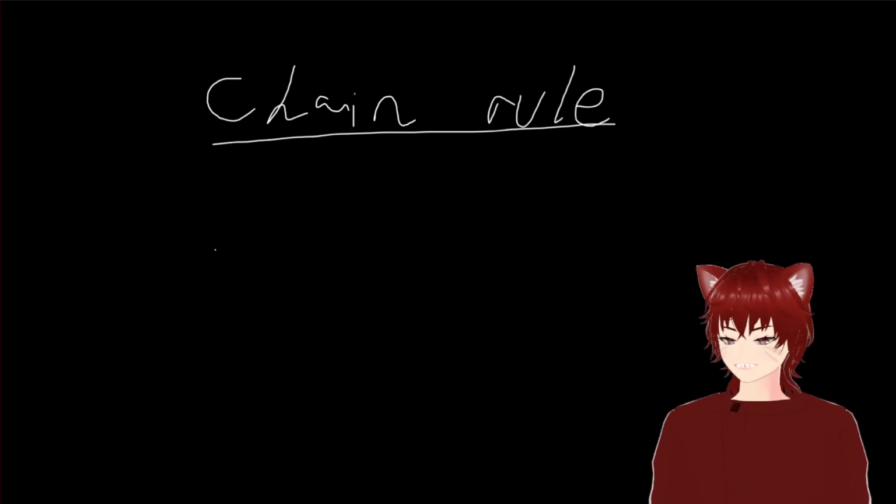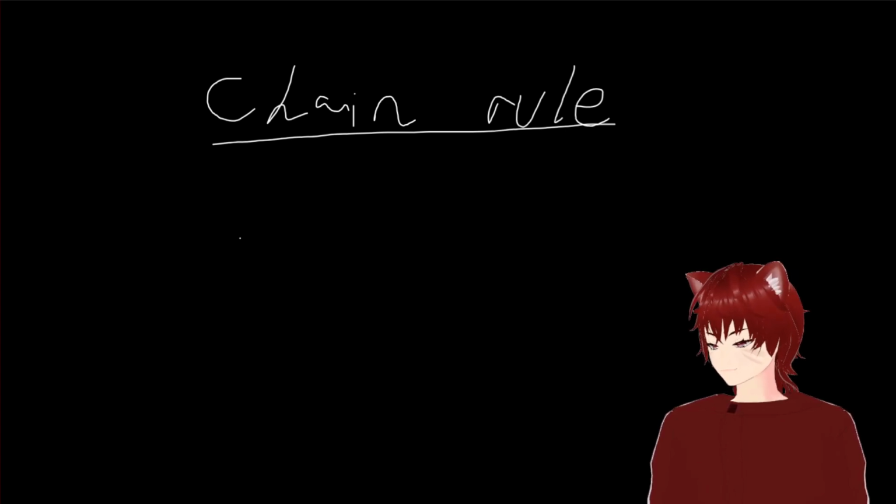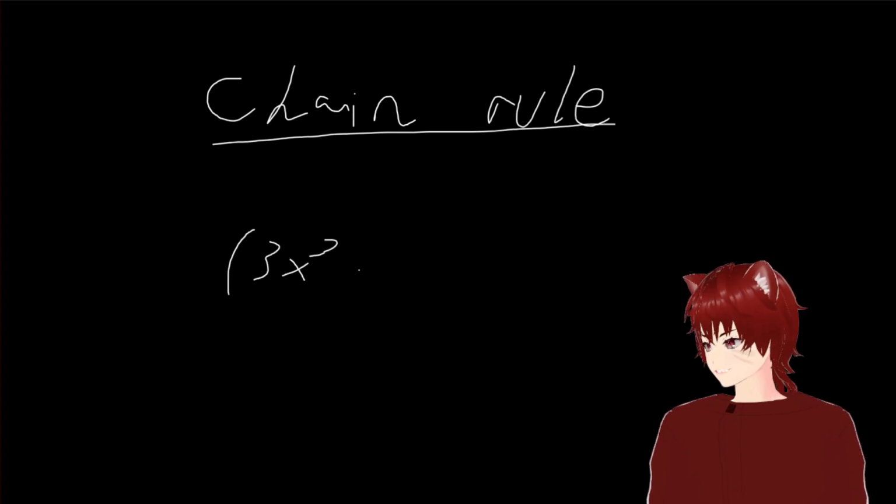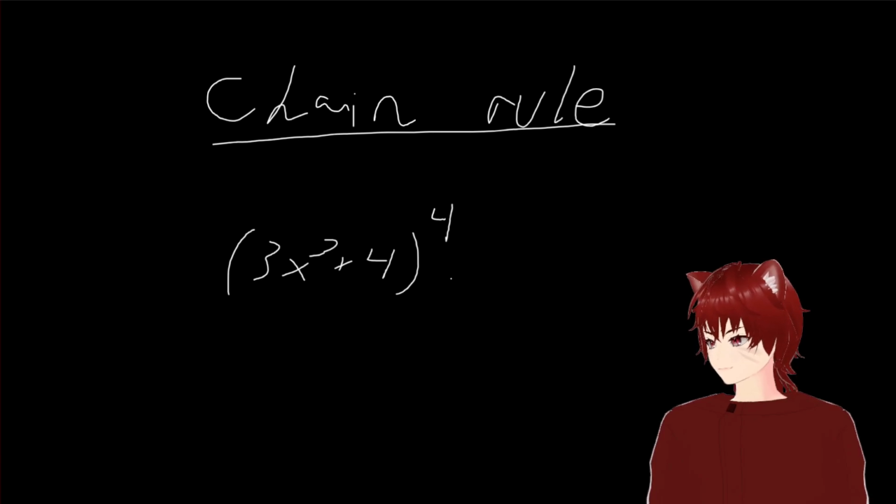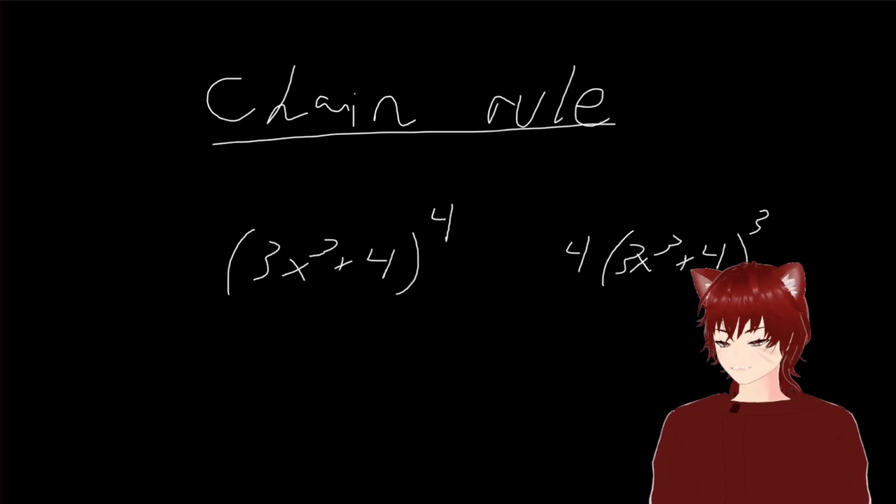And this is a more advanced one. As another example, let's do 3x to the third plus 4, all to the fourth. So we'll bring that down to get 4 times 3x to the third plus 4 to the third. And now we have to multiply all of this by the inside.